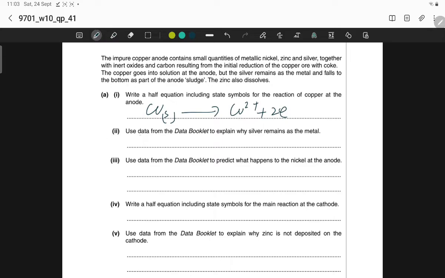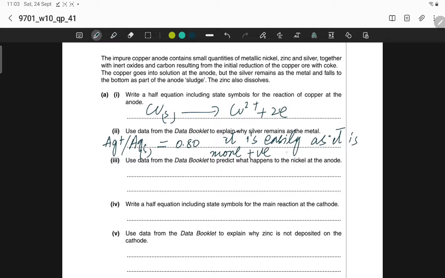From the data booklet, the E cell for Ag+ to Ag solid is 0.80. So it is not easily oxidized, because it is more positive.